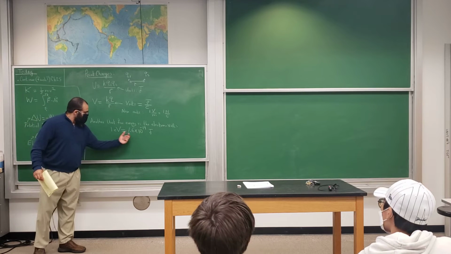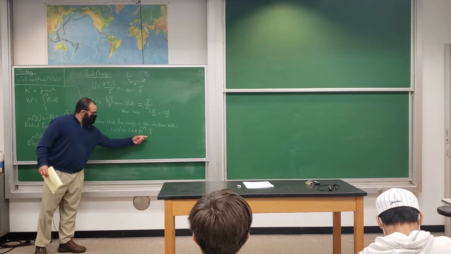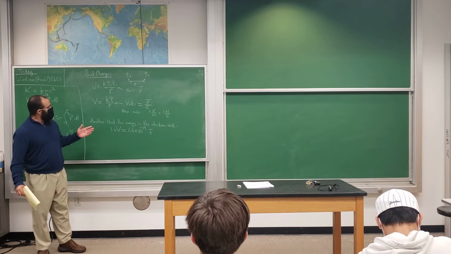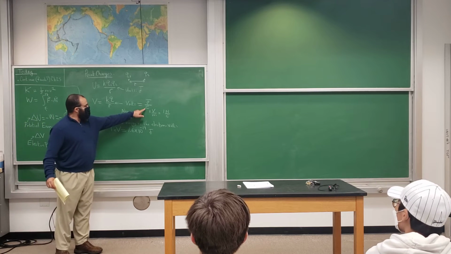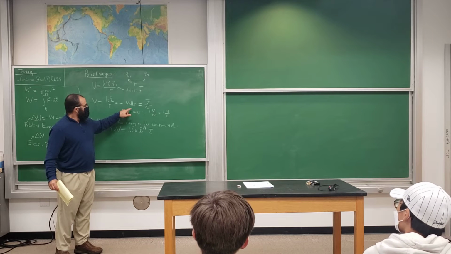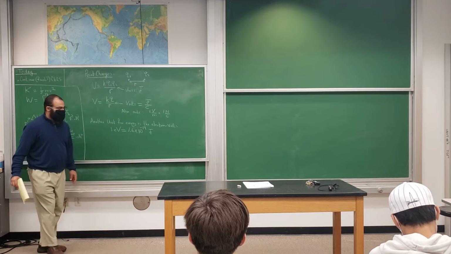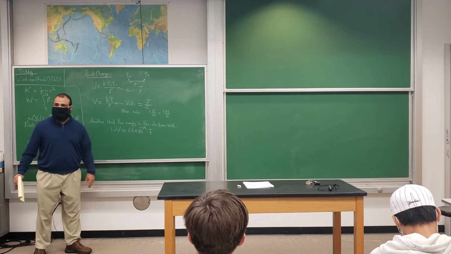So the little e is basically this, and you multiply it by a volt. It makes sense because you divide joules by coulombs to get volts, so if you multiply volts by coulombs, you get joules. So 1 eV is equivalent to this many joules.